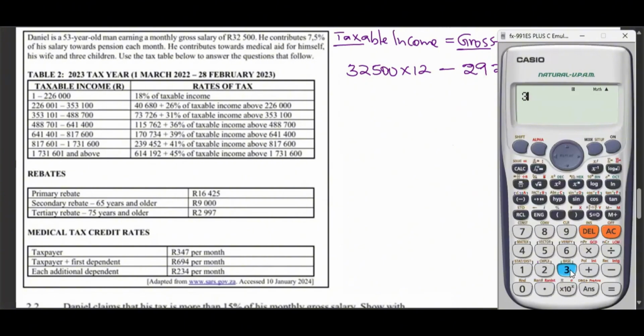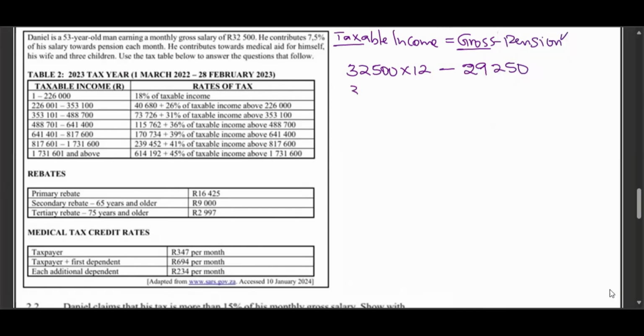We are saying 32,500 times 12 minus 29,250. Press equals. So the taxable income is 360,750. This is the money that is going to be taxed. We are looking for the tax.